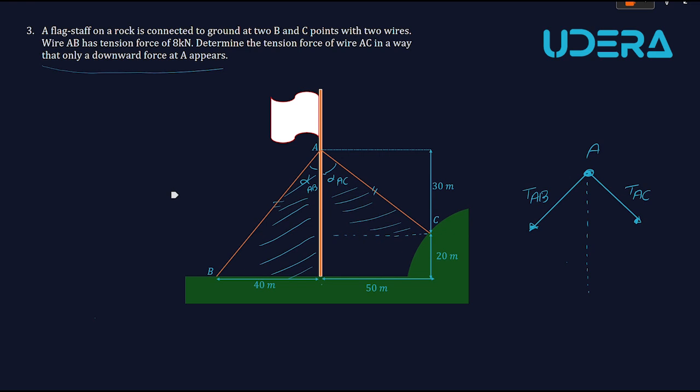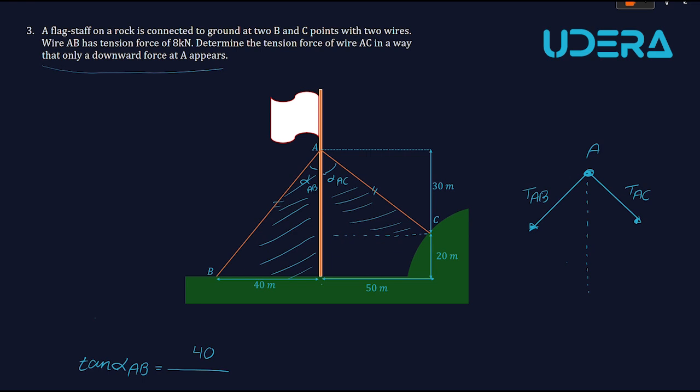So, to find alpha AB, I can use the function of tangent. So tangent of alpha AB is equal to the opposite side, here is 40, over the adjacent side.